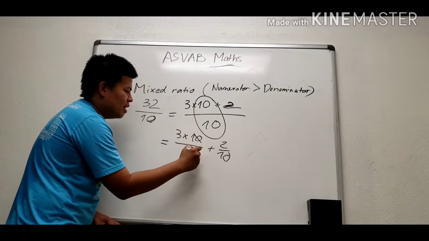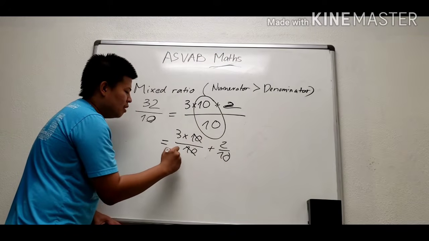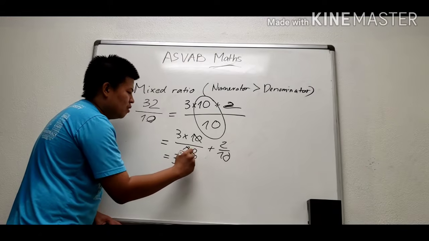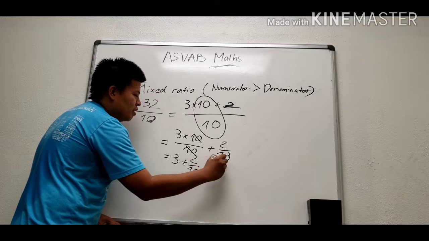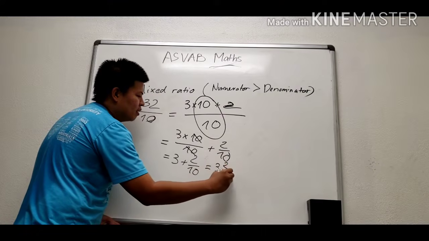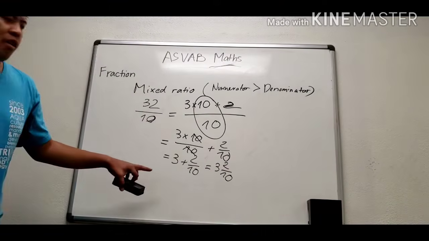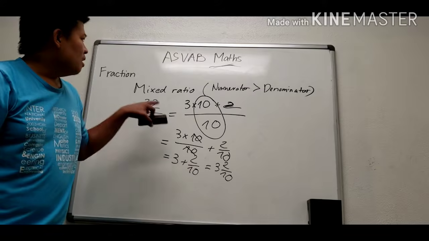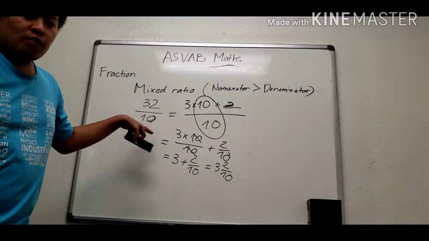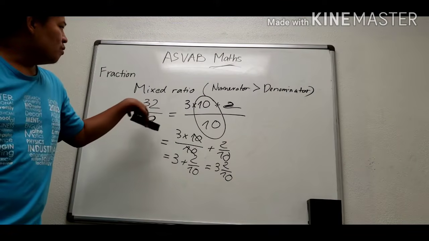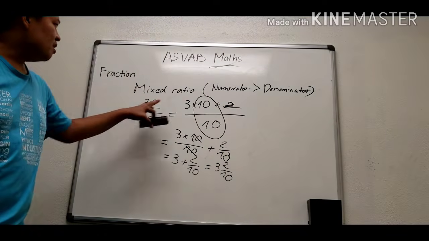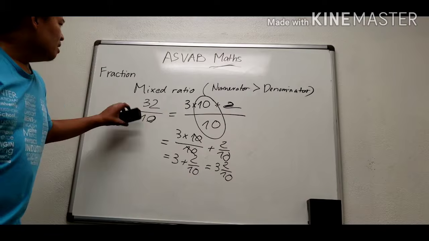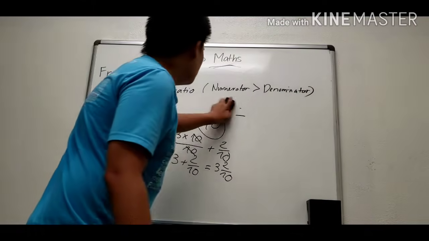We can simplify 10 and 10. We have 3 plus 2 over 10, so we can put 3 and 2 over 10. This one is the mixed fraction, and we need to learn how to find the mixed ratio. This is the symbol, and I will make another mixed ratio.